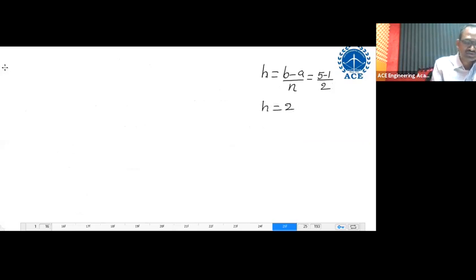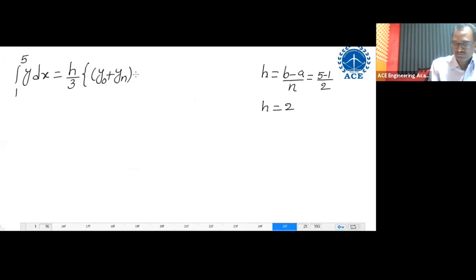What is the formula? h by 3 into y naught plus yn, plus 2 into y2 plus y4 plus so on, plus 4 into y1 plus y3 plus so on.